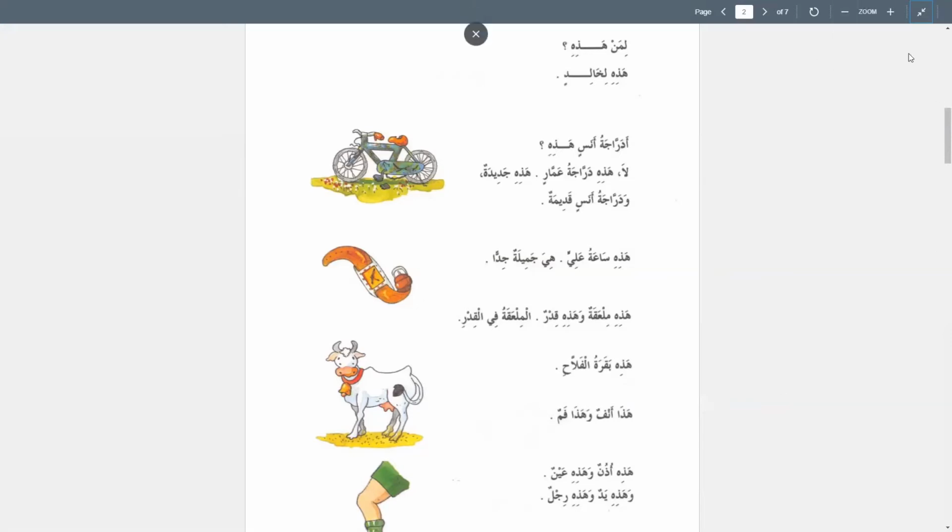Okay, Lara, read this page for me from the top. Liman hadahi lihalidin. Darajatu Anison, Anasan hadahi.